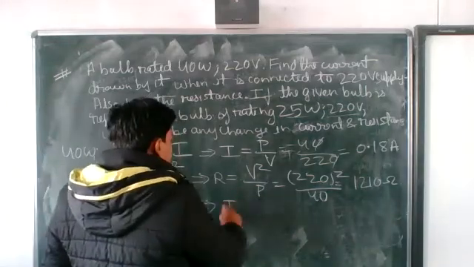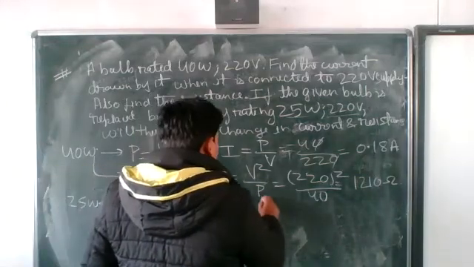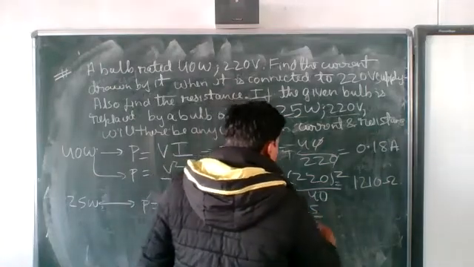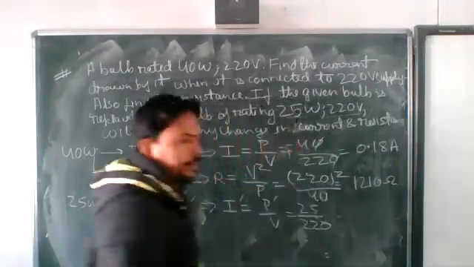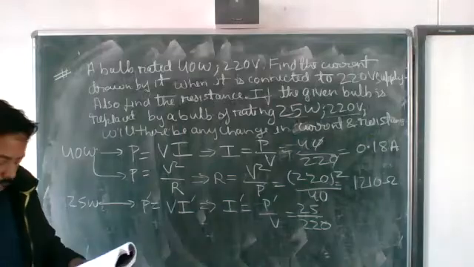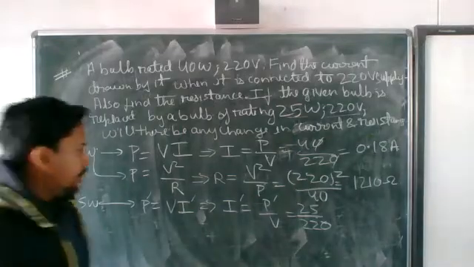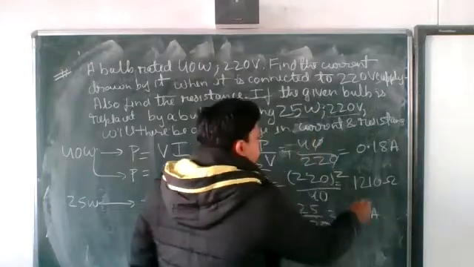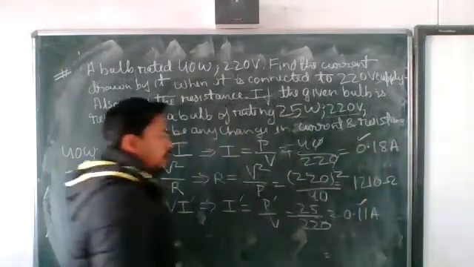Applying the same formula, I dash is equal to P dash upon V, where P dash is 25 and V is 220. How much is it coming? 0.11. Yes, there is a change in the current.